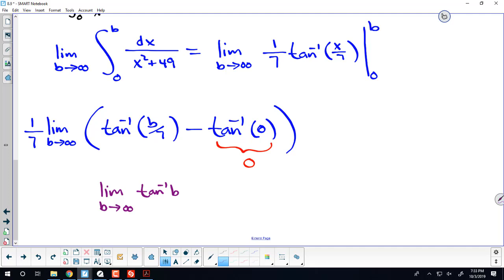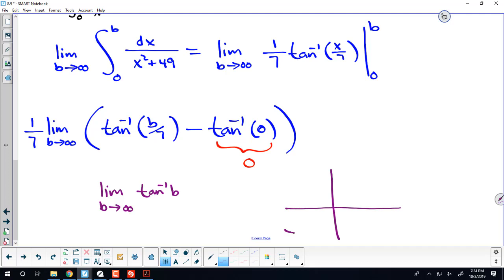On the graph of inverse tangent of b, or think about it as x approaches infinity on the graph of inverse tangent, what does inverse tangent approach? It doesn't oscillate. Pi over 2, yeah, pi over 2.